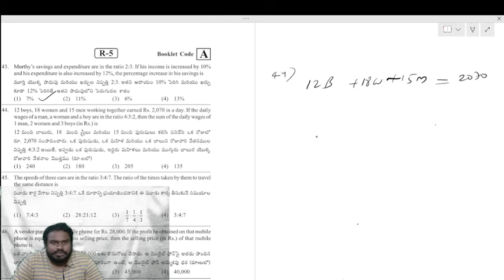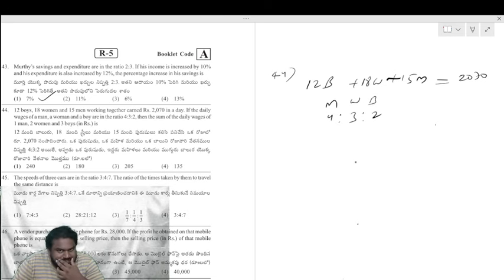If the daily wages of a man, woman, and boy are in the ratio 4:3:2, then the sum of the daily wages of one man, two women, and three boys is what?